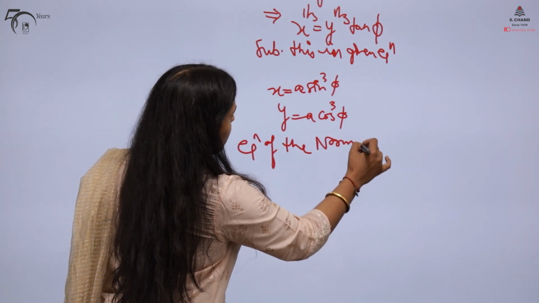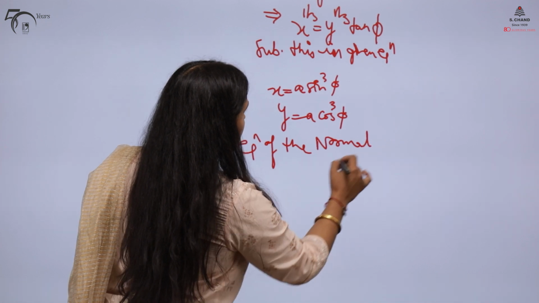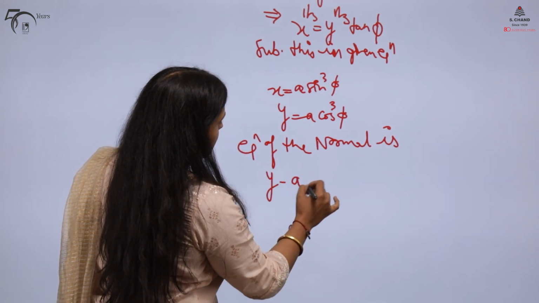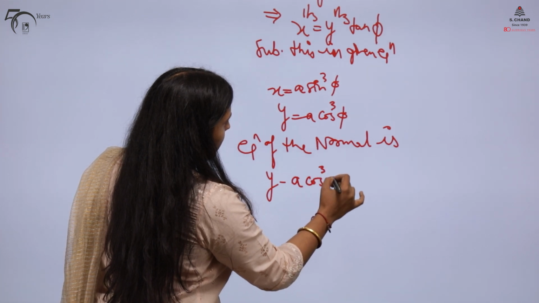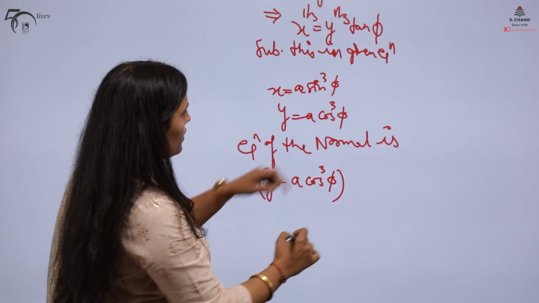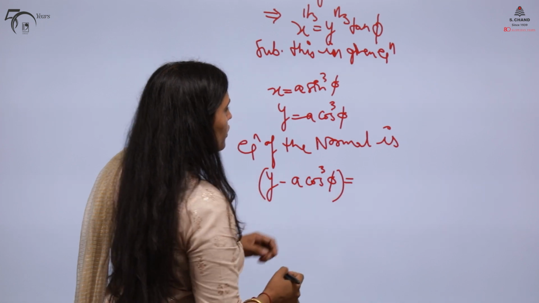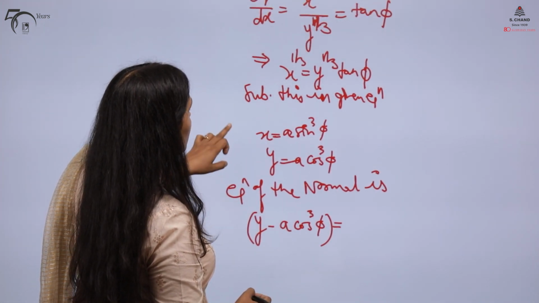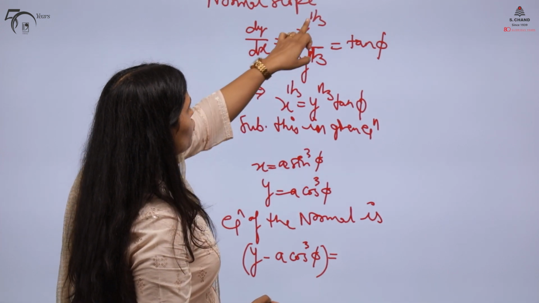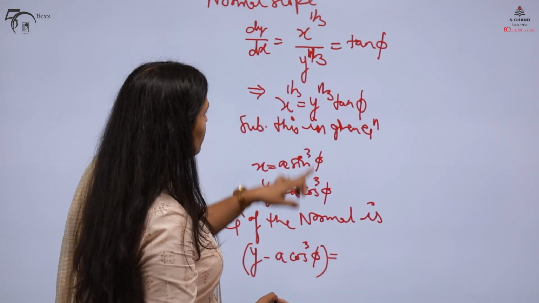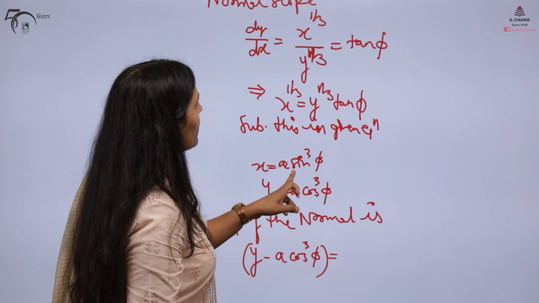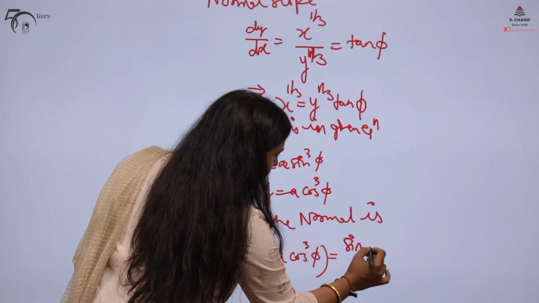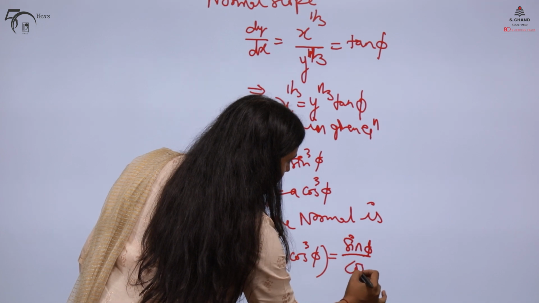there is no question of the tangent here. So, the equation of the normal is y minus the point, this one, then the slope of the normal, and the slope of the normal was this one, x to the power 1 by 3 upon y to the power 1 by 3, and this is basically, if you take it, sin phi upon cos phi.